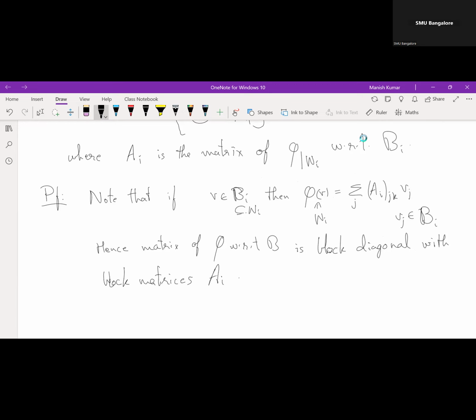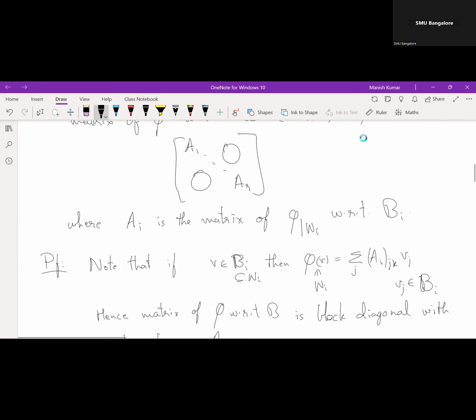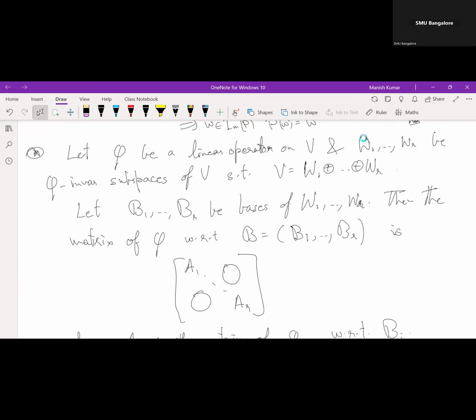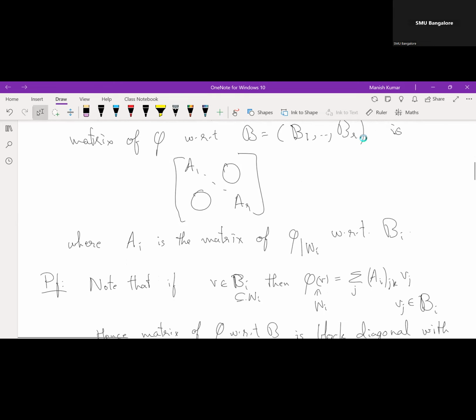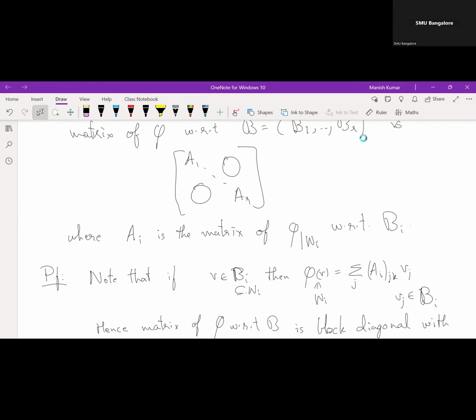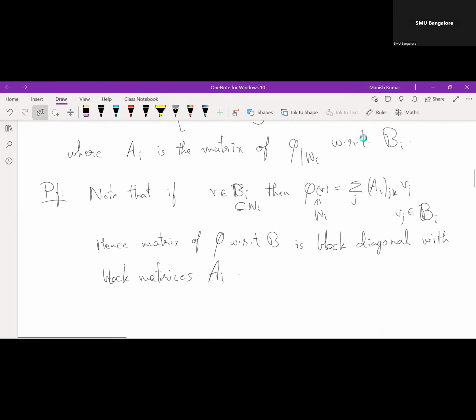Is that enough for the proof? We did this when you have one invariant subspace, so it's more or less the same proof. Now we have a better structure, so we get a better matrix: instead of block upper triangular, we get a block diagonal.